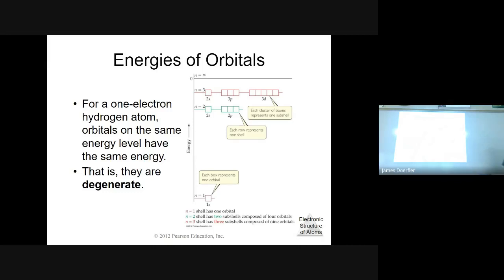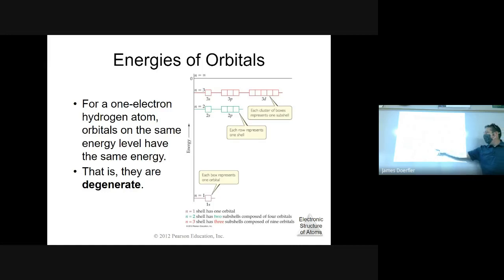Now, when we start having electrons come into the mix and orbitals come into play, we're going to have some adjustments taking place. But if we just have a one electron hydrogen atom, where the entire atom only has that single electron, you notice how these orbitals are lined up.